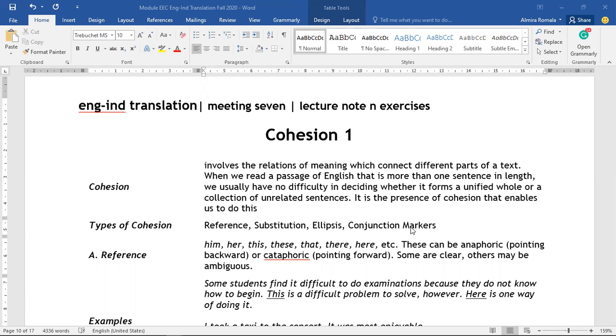Okay guys, in producing a good Bahasa Indonesia text, we have to understand the elements of cohesion too, so that we can produce a good text with a unified whole message. We're not just translating sentence by sentence and then leaving it there, just putting it into one text. Therefore, we also need cohesion devices to make our translated text connect to each other and support the main idea of the sentence.